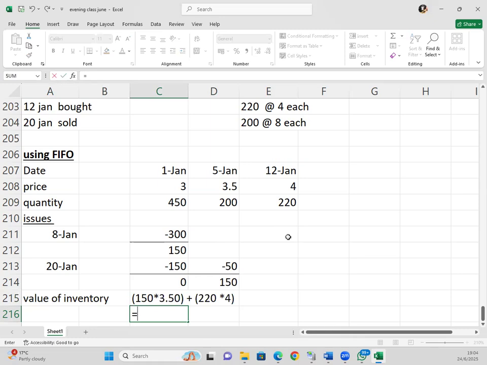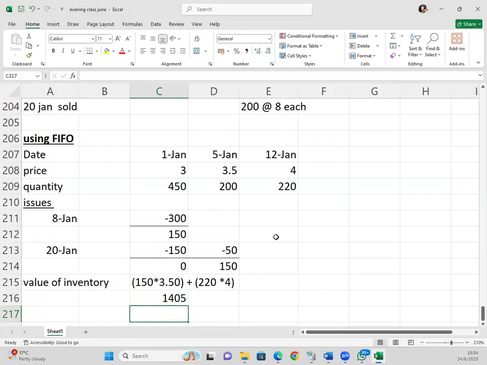So the value of inventory will be 150 times 350 plus 220 by 4. So this would be the value of closing inventory using FIFO.